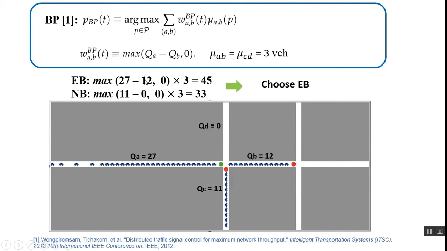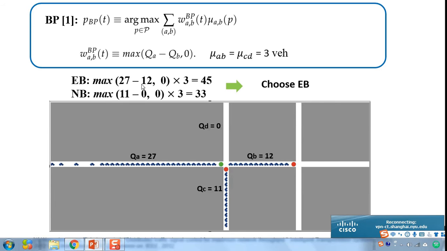In the eastbound phase, the only allowable movement is movement from A to B. So we have omega AB times mu AB. Omega AB is 27 minus 12, which is 15, and then times mu AB, which is 3, we have 45.